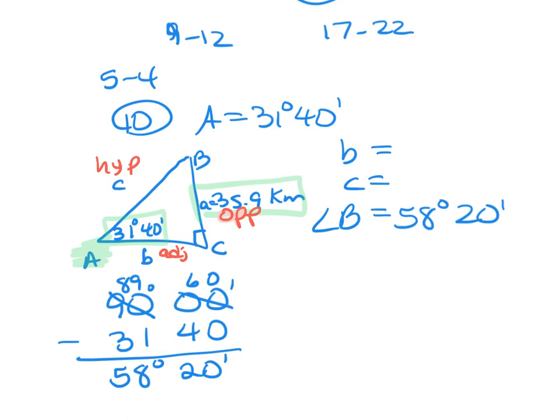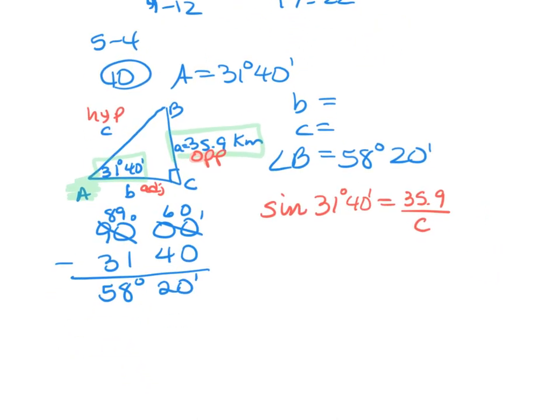So in order to find C, I'm going to be doing opposite and hypotenuse, which is going to be sine. So sine of 31 degrees, 40 minutes is equal to opposite over hypotenuse. Then I'll solve this. Remember, when the variable's in the bottom, we're going to be dividing to solve.